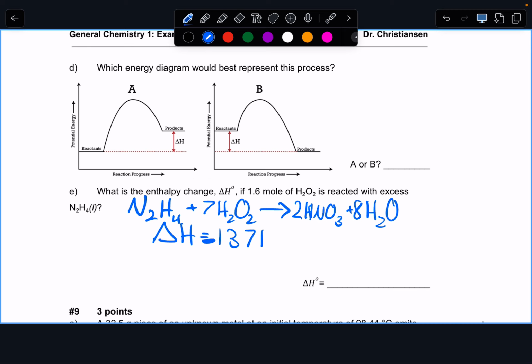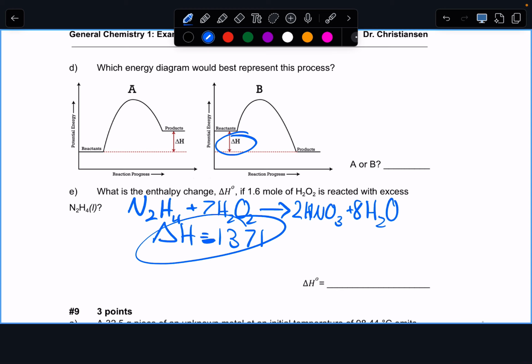All right, so the first thing to remember, and this is more of a concept thing, and maybe we can talk about a couple of the other concepts as part of this, but since this is a negative delta H, we know that we're going from a high potential energy to a lower potential energy, and this amount is what's being given off, okay?